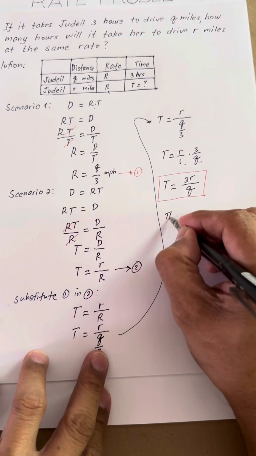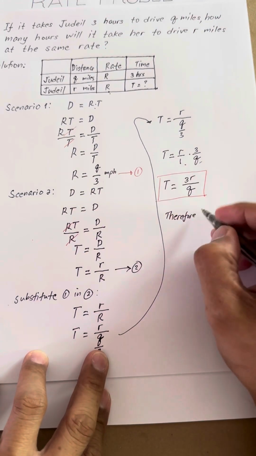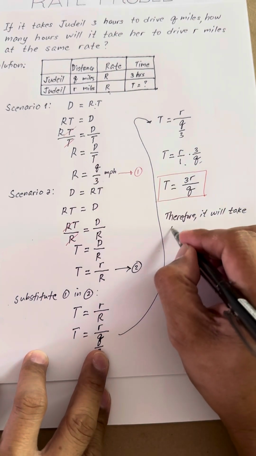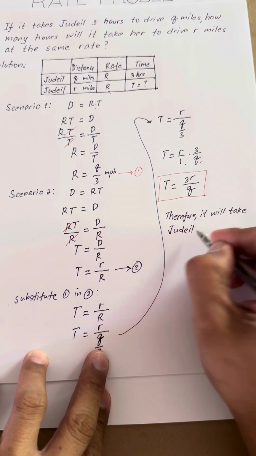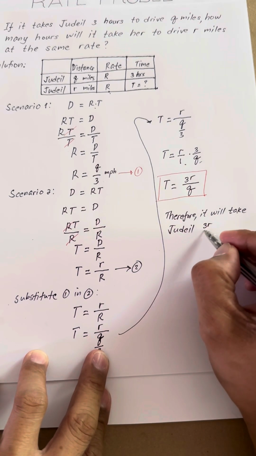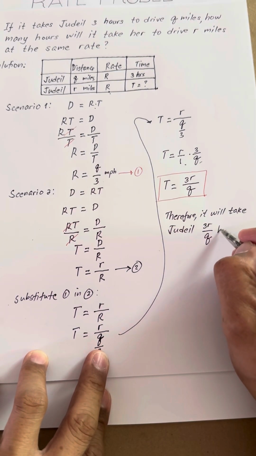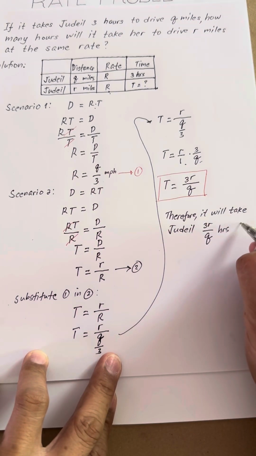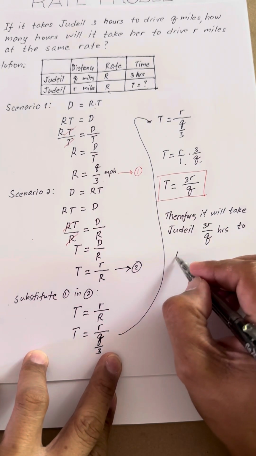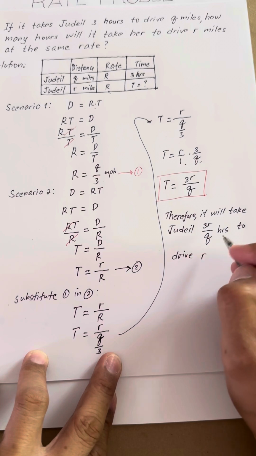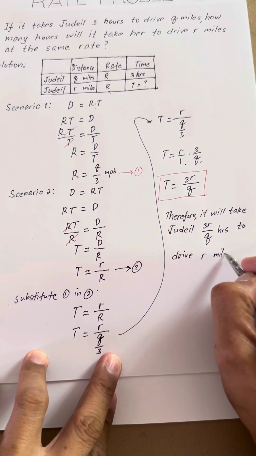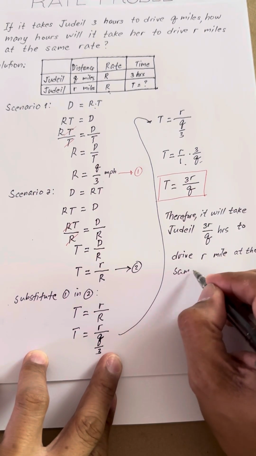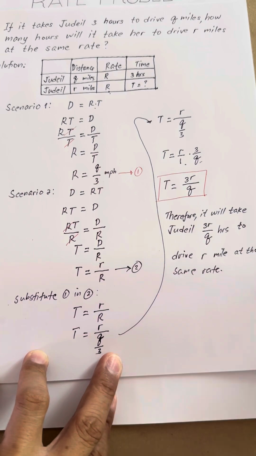So therefore it will take Judel 3R over Q hours to drive R miles at the same rate. So this is our final answer.